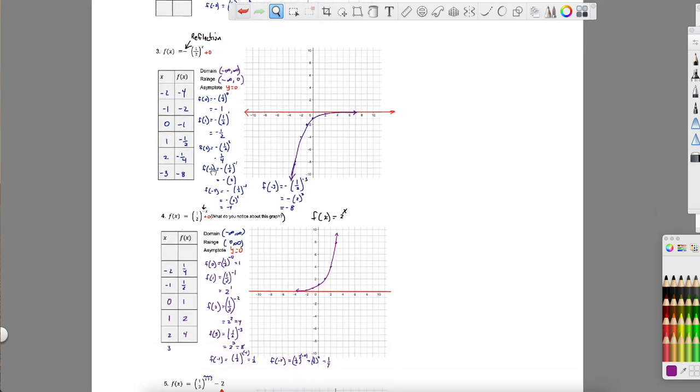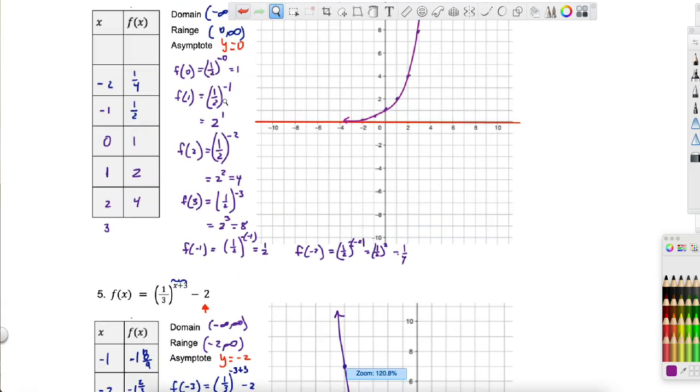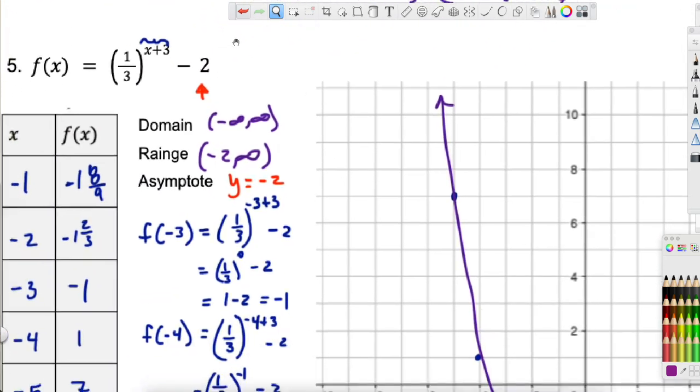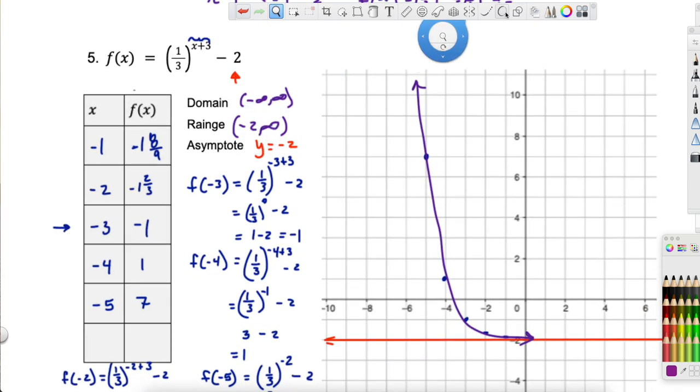But the anchor point shifts when we add or subtract inside of the exponent. So when we added 3 in this one, we shifted 3 over to the left here. So we went 1, 2, 3. Here is the anchor point, was at negative 3 on the x. Because when we add inside our function here, it's going to shift left.